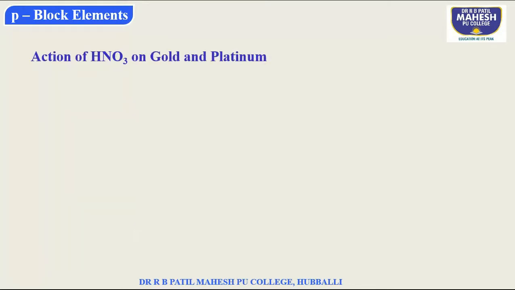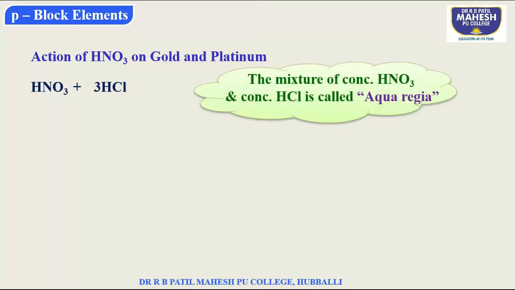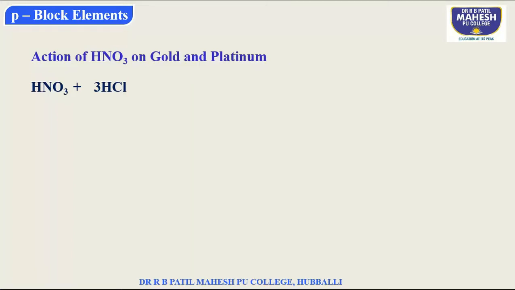Action of nitric acid on gold and platinum. Nitric acid reacts with HCl and forms a compound called aqua regia. This aqua regia is capable of dissolving noble metals like gold and platinum.